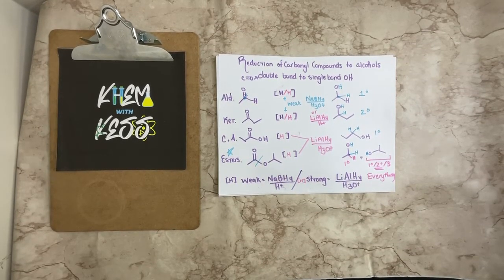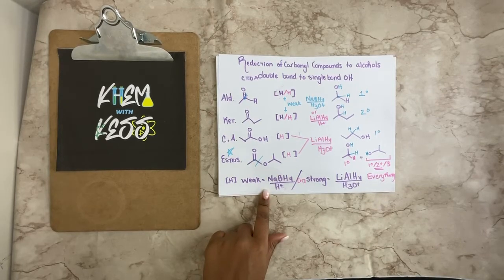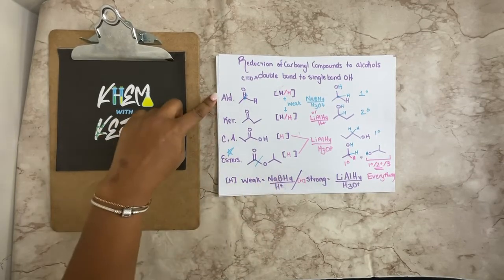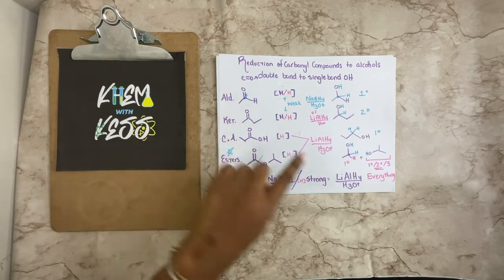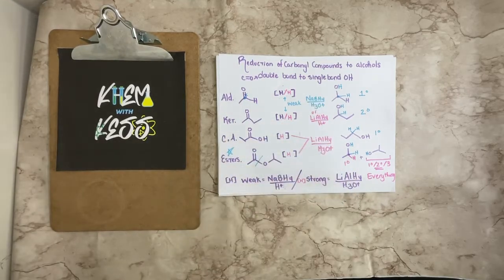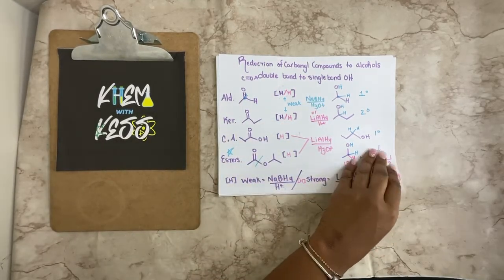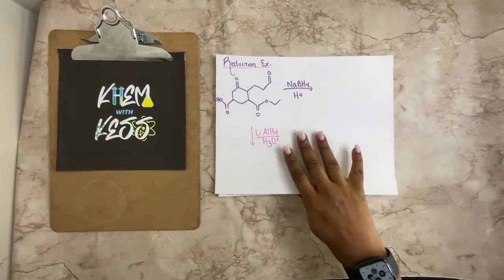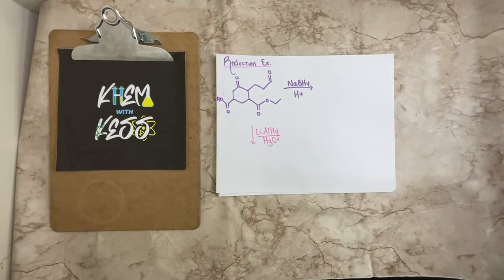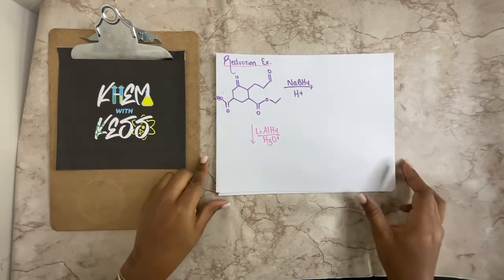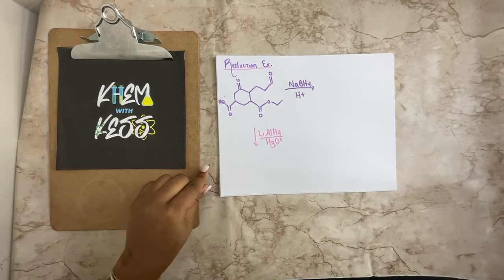Now, even though that was a lot, I still want to do a problem to help solidify it. So remember, NaBH4 only works with aldehydes and ketones, and LiAlH4 works on everything. So when we see a problem like this, what you have to notice is that I'm doing the problem in two different aspects, one with weak and one with strong.